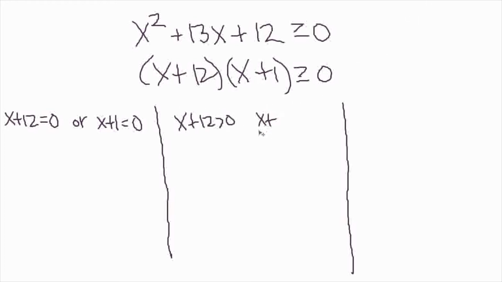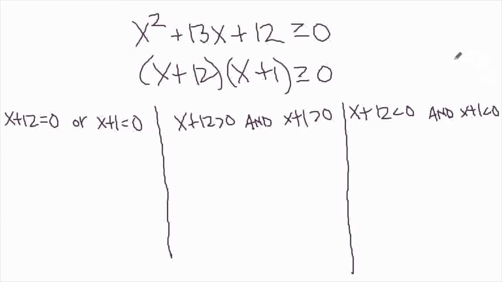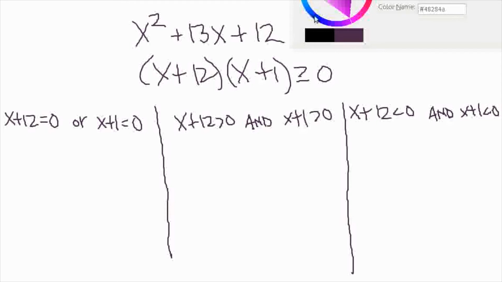That means they both have to be positive or they both have to be negative. So there you have it. Now let's go ahead and solve all of this, and then somehow we're going to have to put it all together.